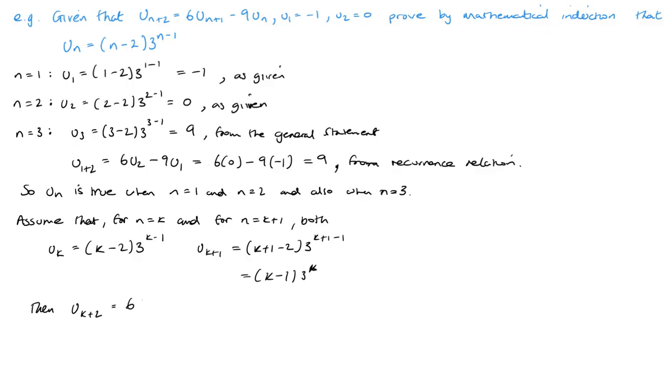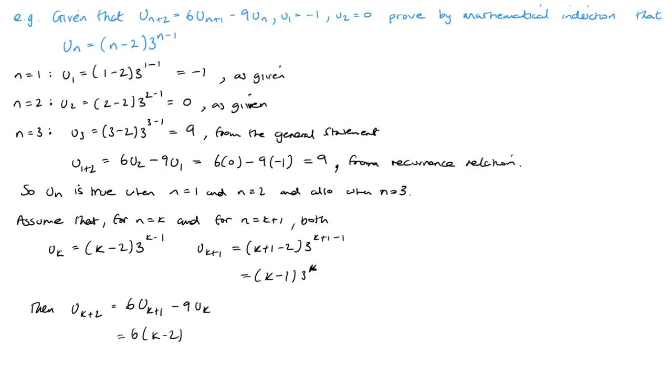So this is 6u k plus 1 minus 9u of k, and then we substitute in our assumptions. So this one and this one.